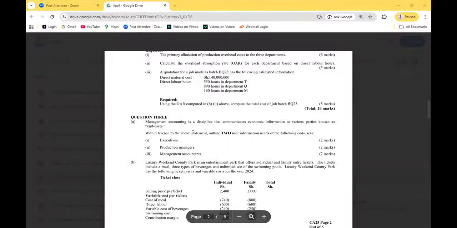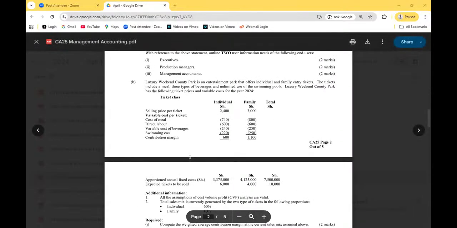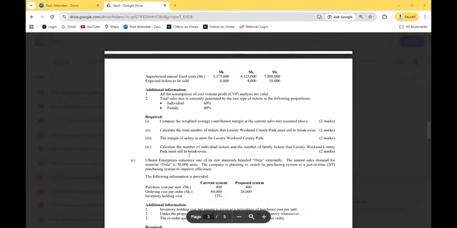Great. Then the next thing, management accountants will give us some few things. The financial performance data, of course, we talked about that. Then the next thing that was done is question number 4. Another theory question.